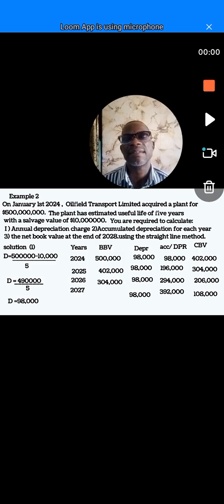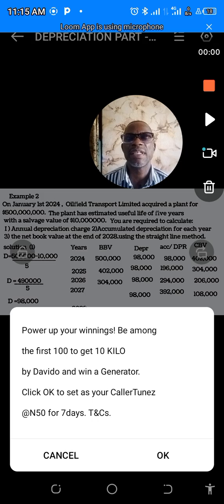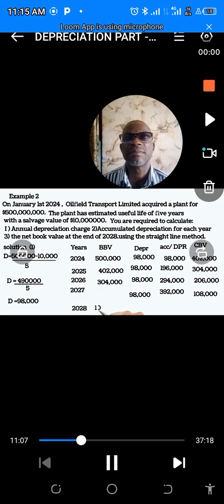Now, in the last year, which is 2028, the beginning book value is 108,000, and the depreciation remains the same. It's a uniform charge, which is 98,000.